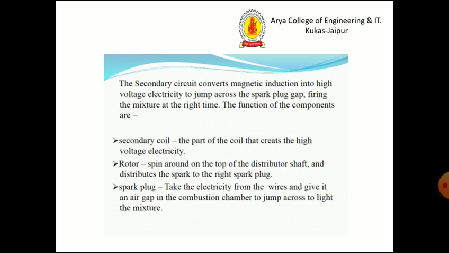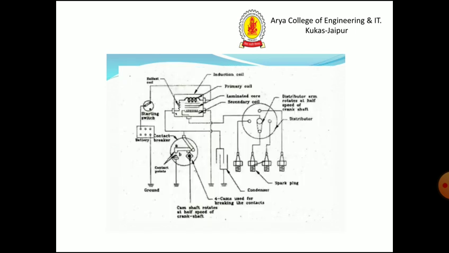The functions of the components are: the secondary coil is the part of the coil that creates the high voltage electricity, the rotor spins on top of the distributor shaft and distributes the spark to the right spark plug, and the spark plugs take the electricity from the wires and give it an air gap to jump across to ignite the mixture.